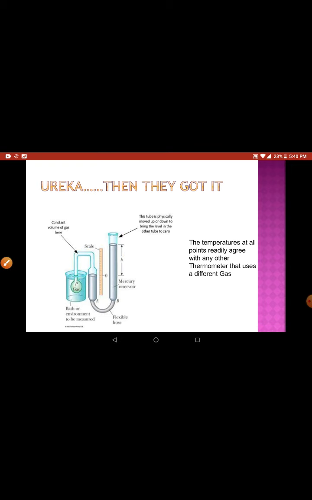This is the principle of the gas thermometer, and they succeeded in this. Irrespective of the gas used, these gas thermometers work excellently and are consistent at all temperatures.